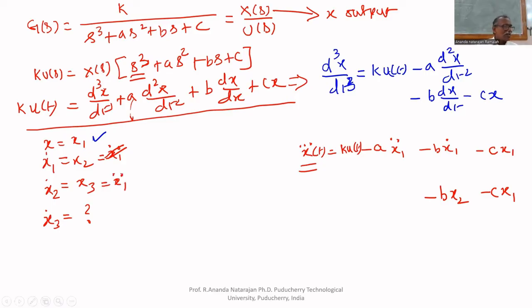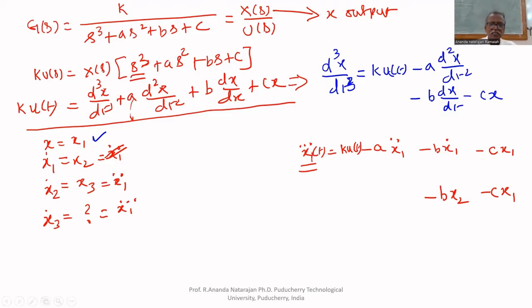Because x2 is what? X1 dot. If you differentiate one more time, you will get x2 dot. So x3 dot is x1 triple dot. X3 equal to what? X2 dot. X2 dot equal to x1 double dot. That's why x1 triple dot is x3 dot. So now x is x1.